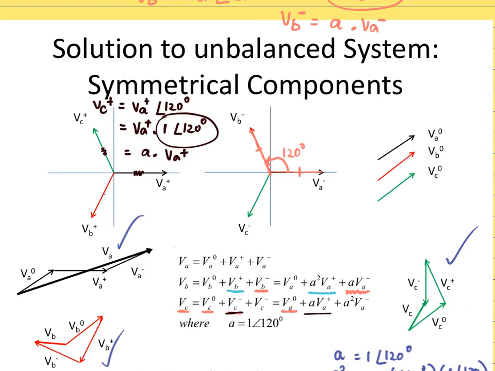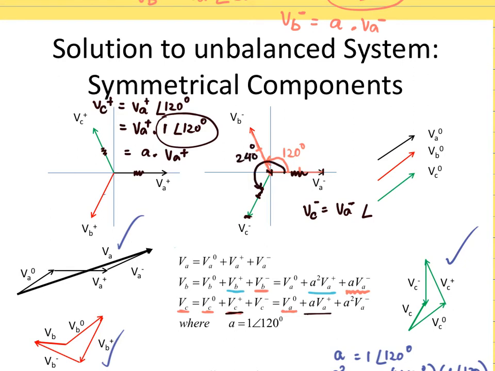Okay. And now the last one is VC negative, in terms of VA negative. So VC negative has the amplitude VA negative. This is just the amplitude, okay? That means these phasors are of the same length, at an angle of, I'm going to write this time, positive 240.